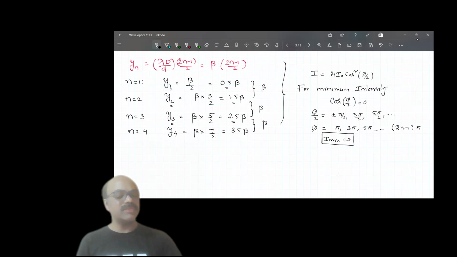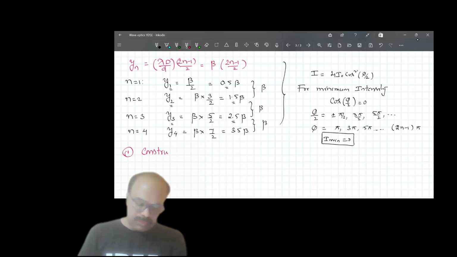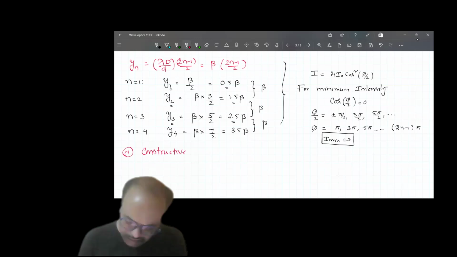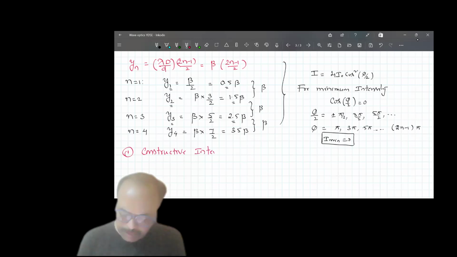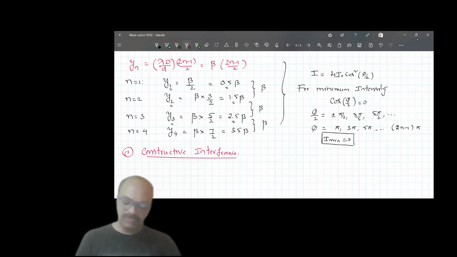Now after that, for the constructive interference, we want the condition for the amplitudes and intensities also. Constructive interference means amplitude is maximum.